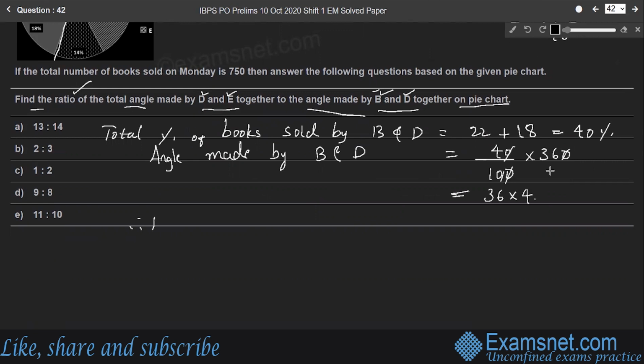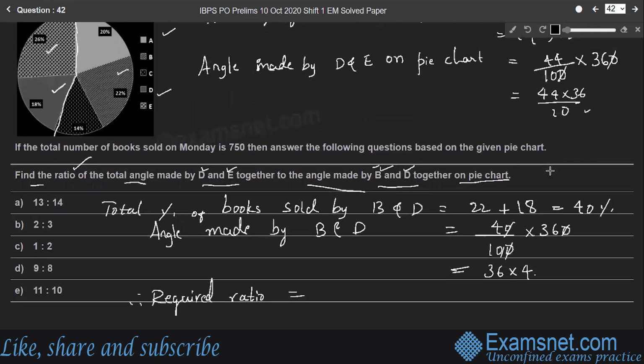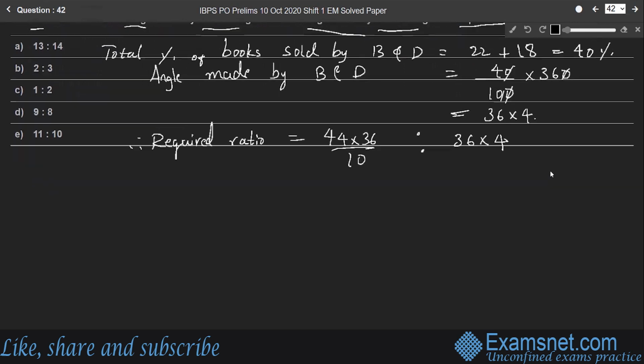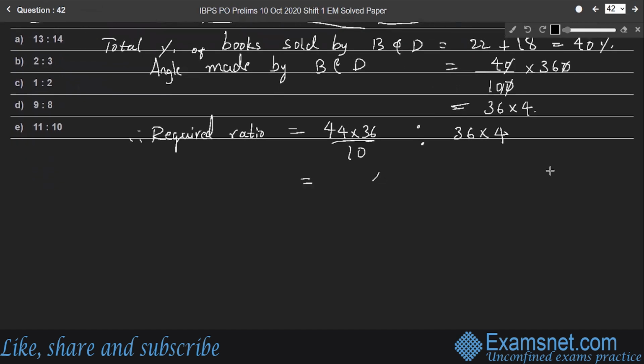Therefore, the required ratio is equal to 44 into 36 by 10 is to 36 into 4. Right? So which is equal to 44 into 36 by 10 whole divided by 36 into 4.